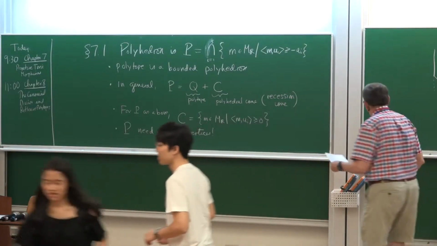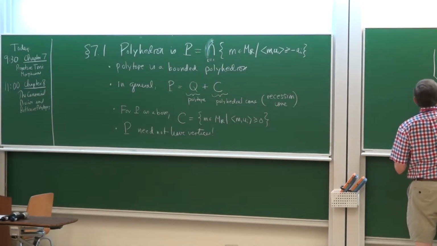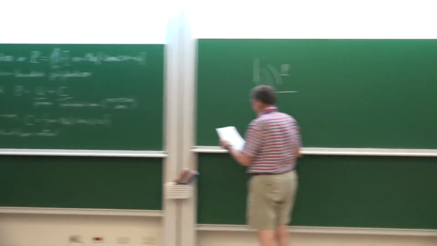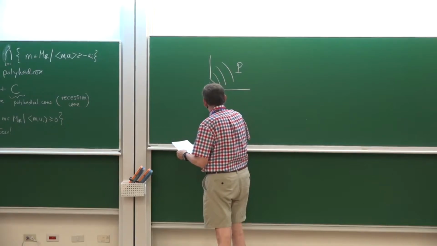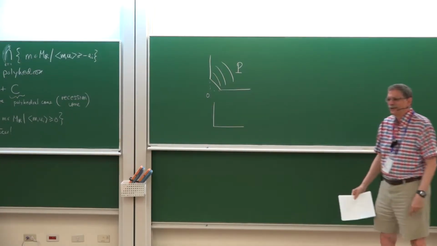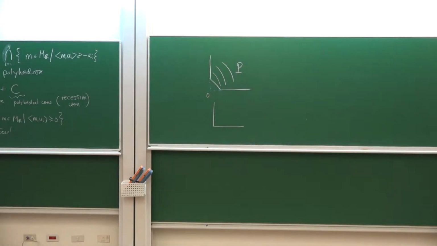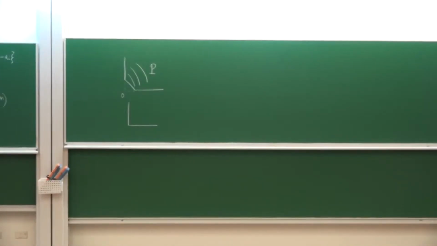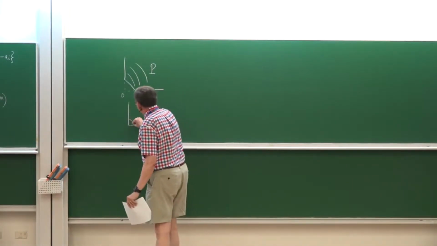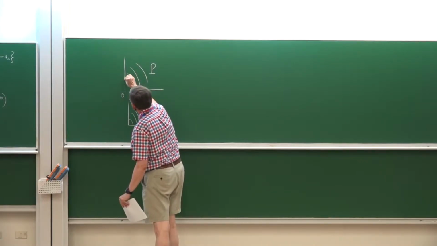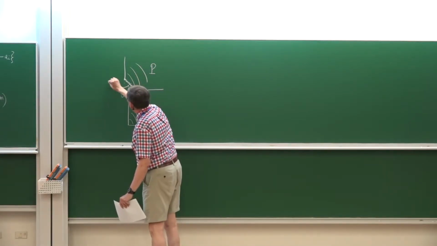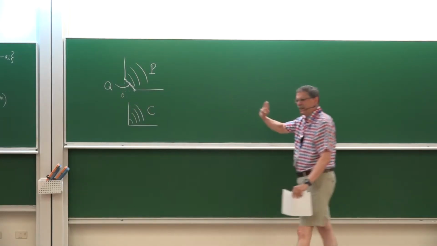So there's a nice polyhedron in the plane, and in this case, one way to think about the recession cone is that if you get really far away from the polyhedron, the polytope stuff just looks smaller and smaller, and what you see is the cone. And so the recession cone is this stuff. So that's the cone. And in this case I actually have some vertices, and for example, you can pick that guy to be Q. In this case, there's a nice minimal choice.